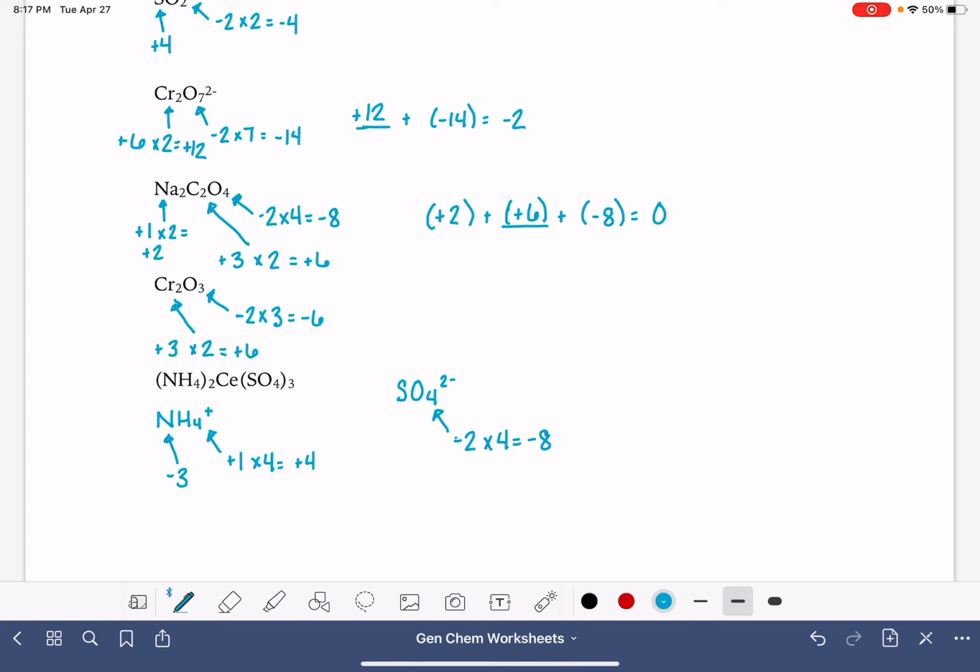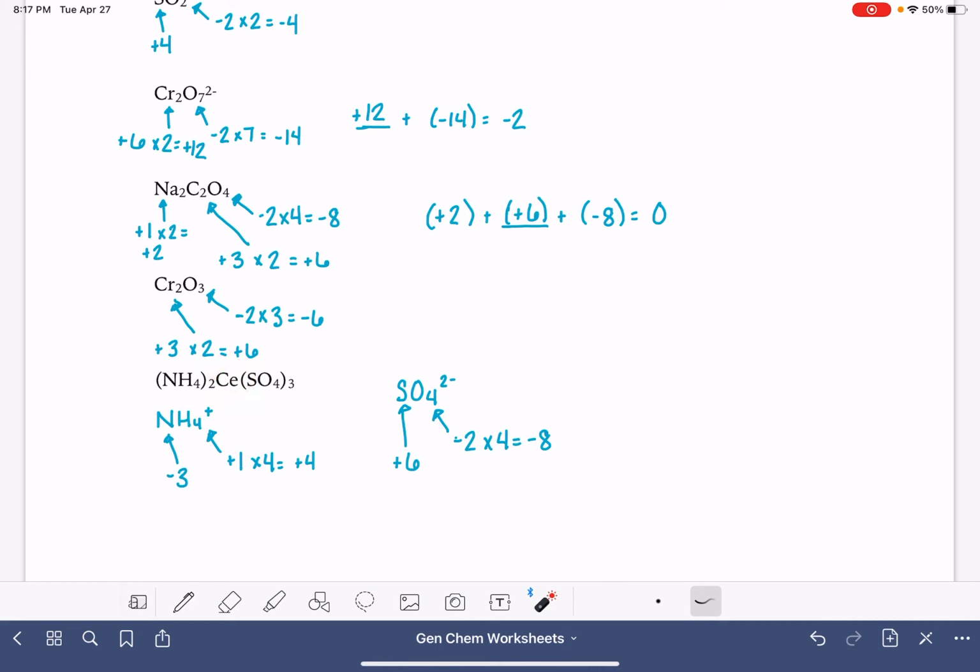That tells us that our sulfur here needs to be a +6. So we have everything figured out except for the cerium in the middle. We know our nitrogen is -3, our hydrogen is +1, our sulfur is a +6, and our oxygen is a -2. How are we going to figure out this guy?